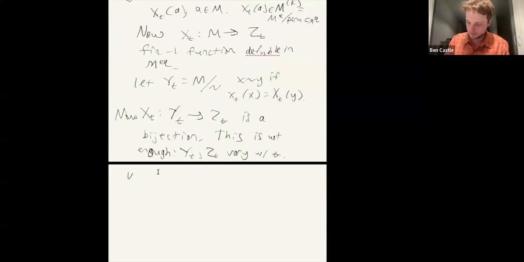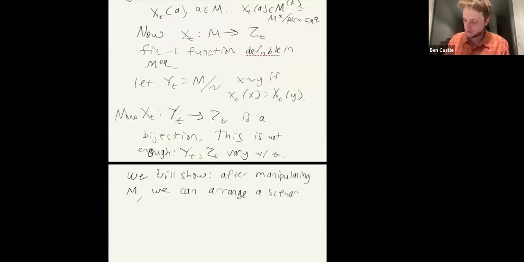So we will show that after some tweaks, after manipulating m and replacing it with something else, we can arrange a special scenario where if you do this, the yt and zt don't change.